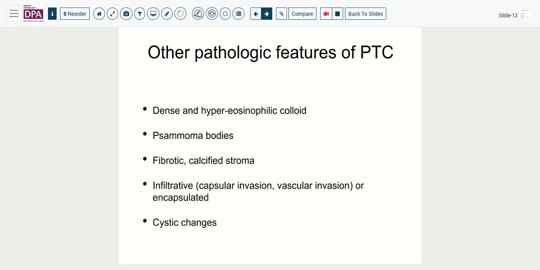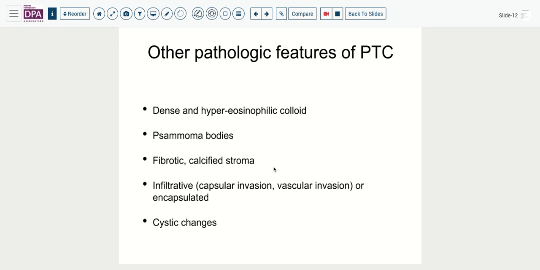So other things that we may look for, of course, are the colloid tends to be quite dense and sticky sometimes, hypereosinophilic. It may have a particular pattern of scalloping at times. Psammoma bodies are identified more frequently with papillary thyroid carcinoma. And of course, the word papillary means that many of these variants, many of the manifestations of this tumor do form small papillae that, as they become less vascularized, can lead to the formation of psammoma bodies.